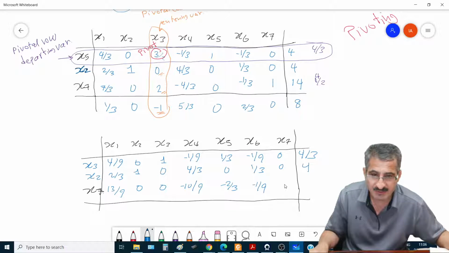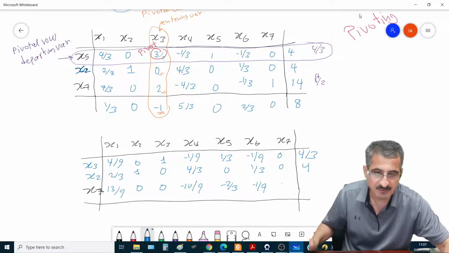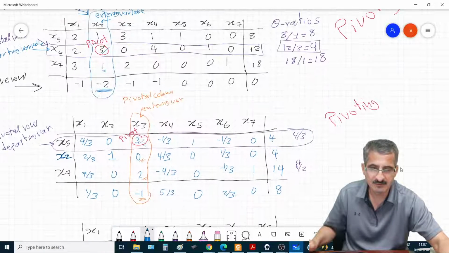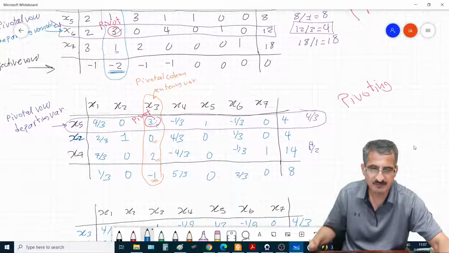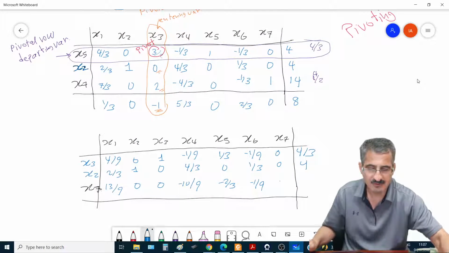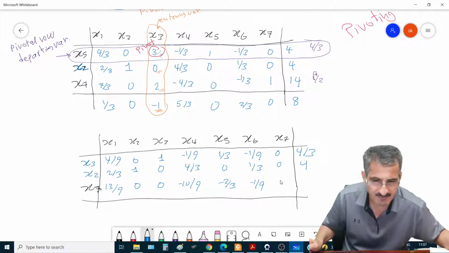And in this one I had 0 there, right? This one is 1 here, yes it is 1. So I would have this to be 1.